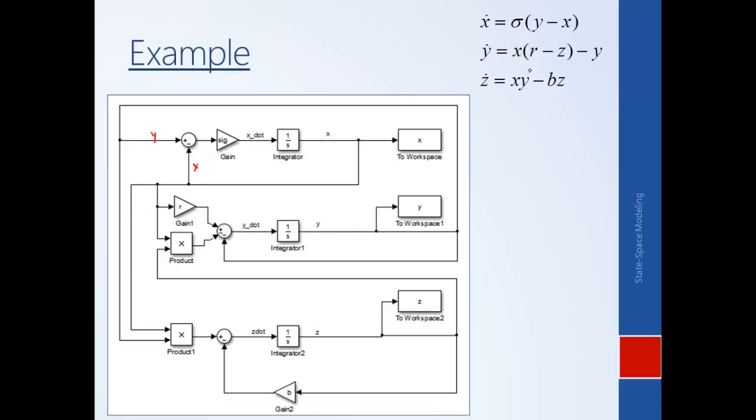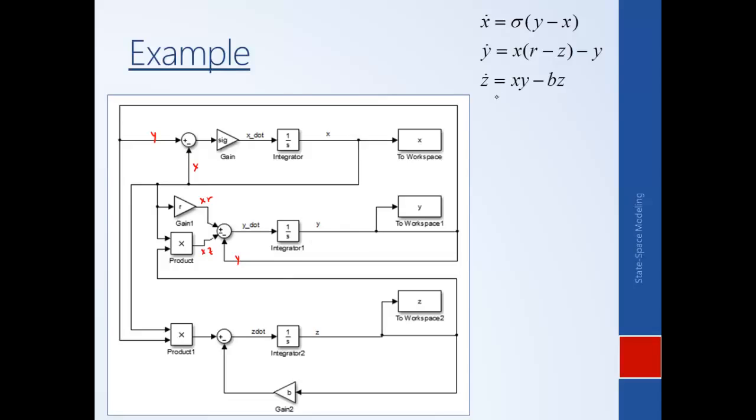So y dot is x times the quantity r minus z, minus y. So here, x is branched off, so this is xr, this is x, this is z, so this is x times z, and then this is y being fed back. So xr minus xz minus y is y dot. You integrate it once, you get y.